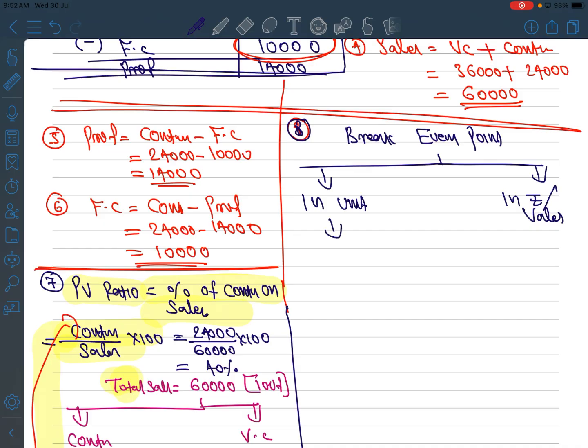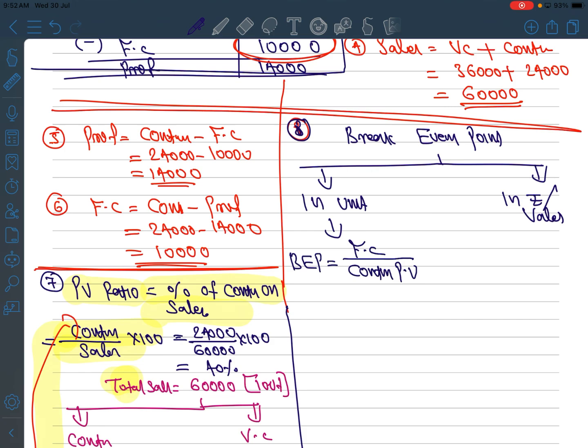The equation is BEP, as it is popularly known. Fixed cost divided by contribution per unit. What is fixed cost divided by contribution per unit?